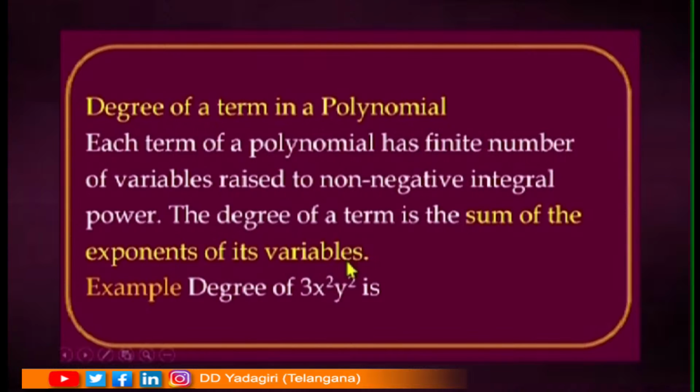Now see that the exponent of x is 2, and the exponent of y is 2. So the degree is 2 plus 2, which is equal to 4. So children, the degree of this polynomial is 4.